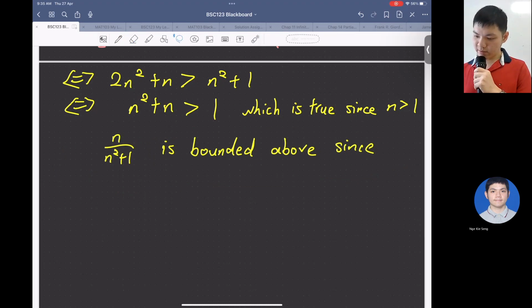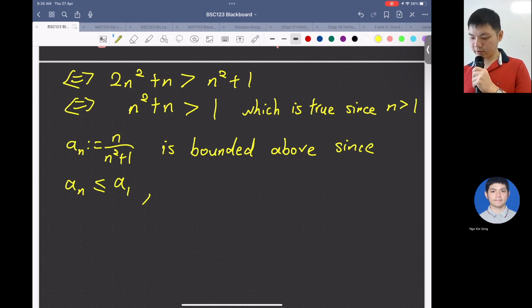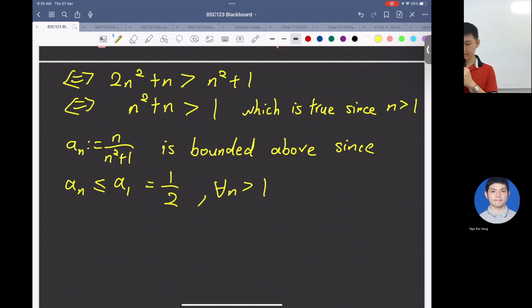So a_n is bounded above since a_n is less than or equal to a_1 for all n greater than or equal to 1. What is a_1? a_1 is 1 over 2. Okay, as a_n is decreasing.